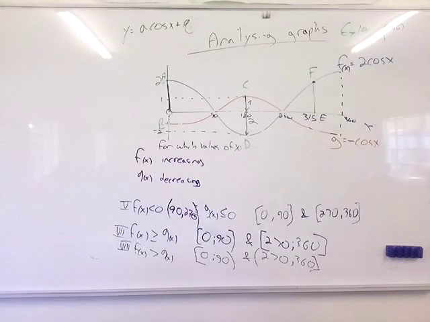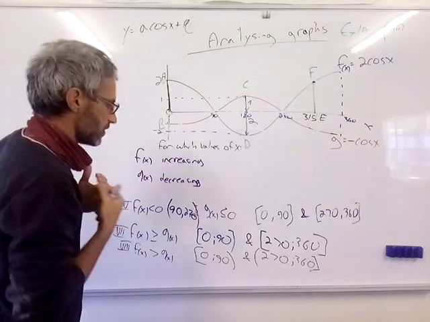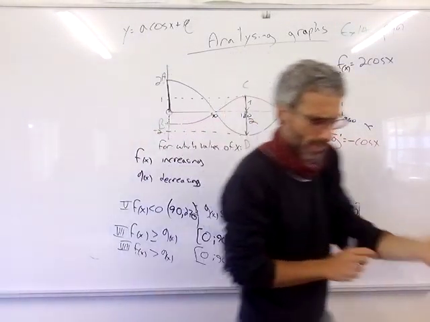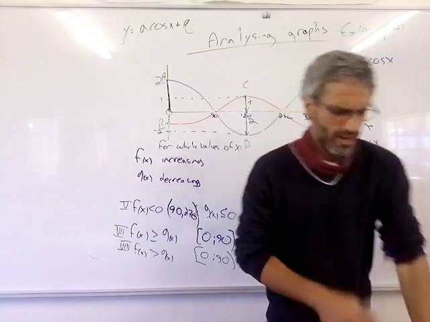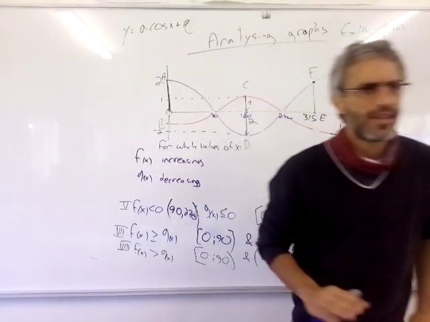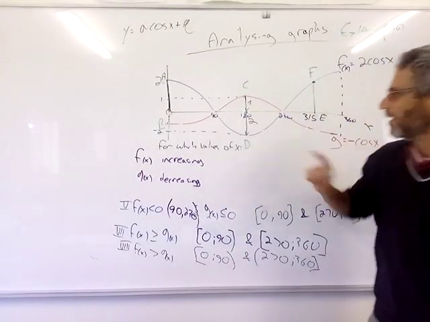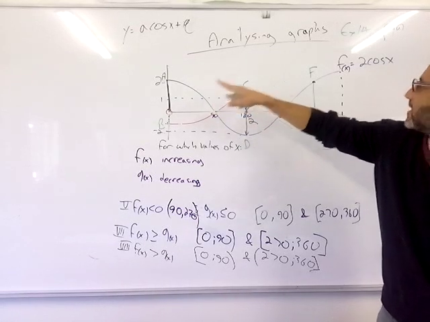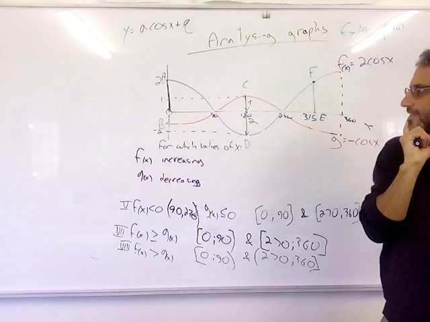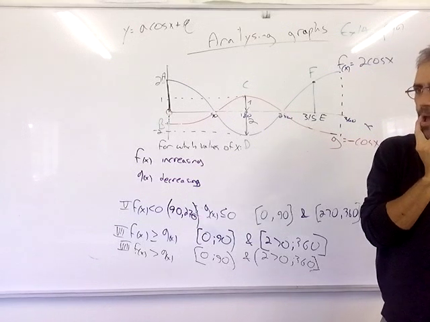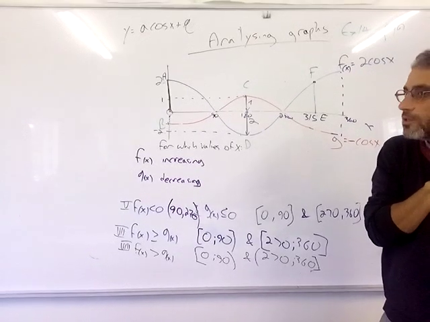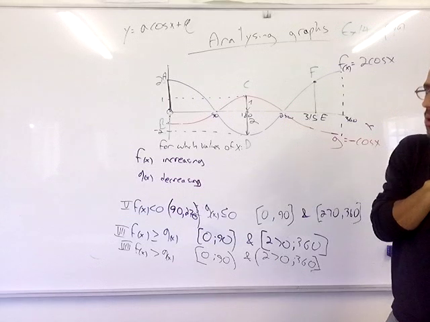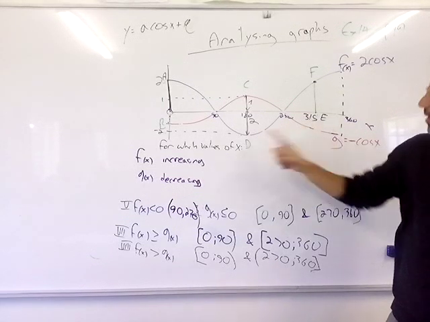The last kind of question that I can ask here, and there is maybe one more, but a really tricky one, I'll leave that for tomorrow. Looking at f, for which values of x does f increase? From 180 to 360.